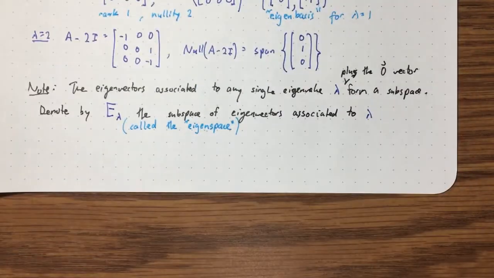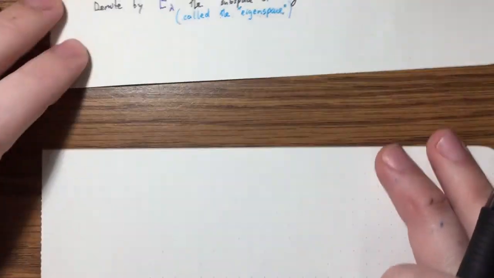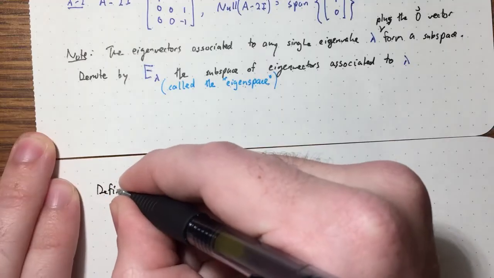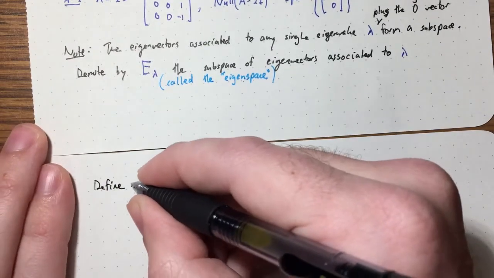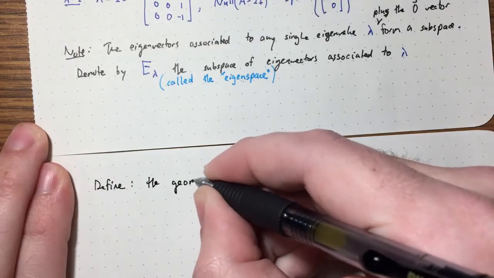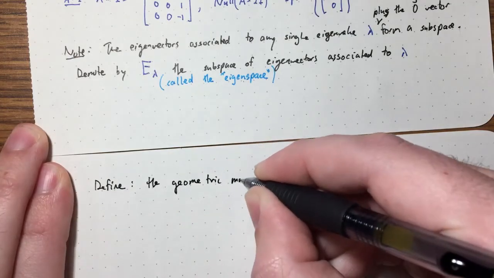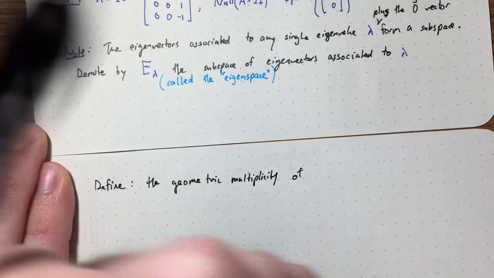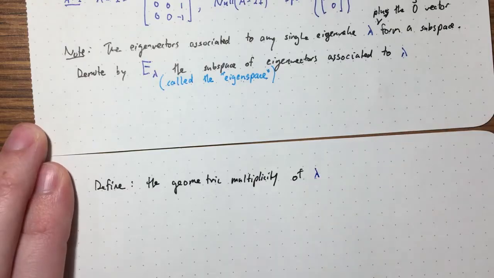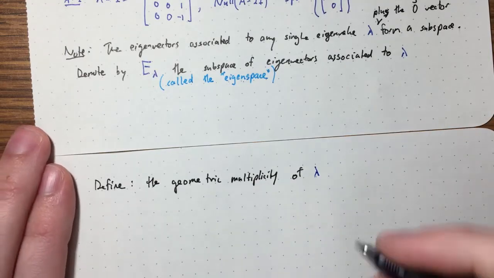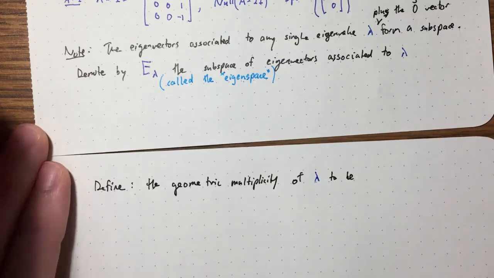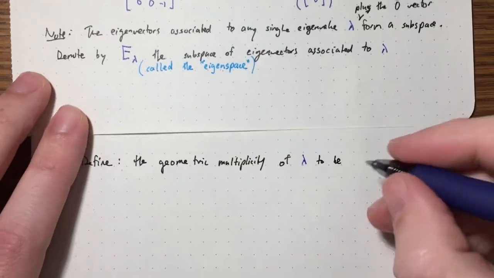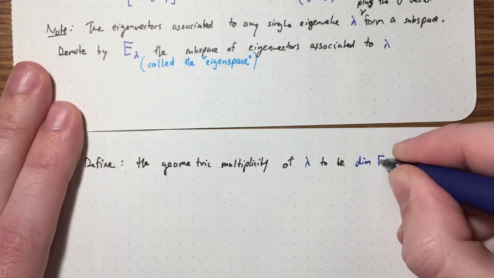Let me just do a couple examples of that. So define the geometric multiplicity of the eigenvalue lambda to be the dimension, so again, we're using this example to try to understand this, to be the dimension of the eigenspace associated to lambda.